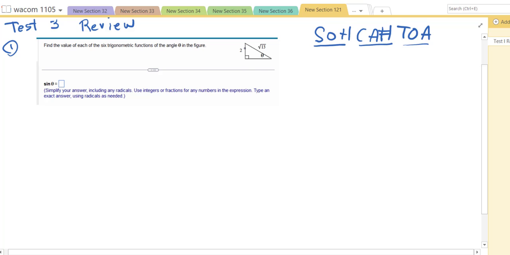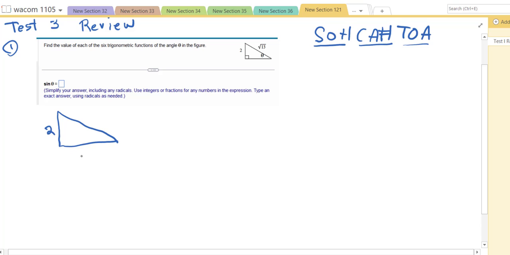And so we have a right triangle. You're going to use Pythagorean's theorem to find the missing side, and so we need to do that first. I'll work down here. So 2, I don't know this side.